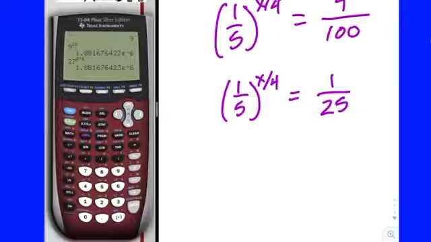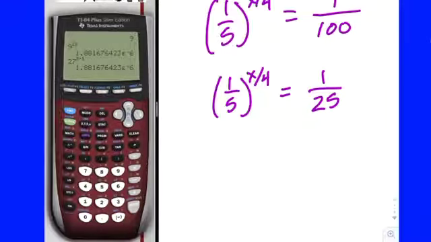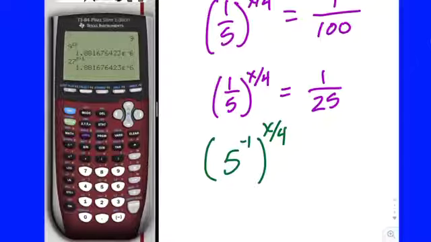You can either write both sides in terms of 1/5, or you can write both sides in terms of 5. Who wants to stay with the fraction? Okay, good. So we'll go with 5 then. So on the left, if you don't like the 1/5, you can call it 5 to the what? Negative 1. Very good. And on the other side, you can go straight to 5 to the what? Hopefully.